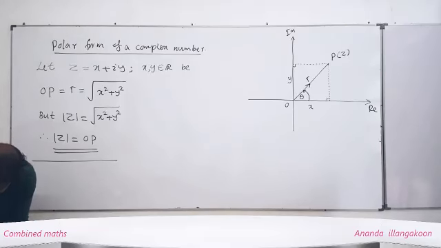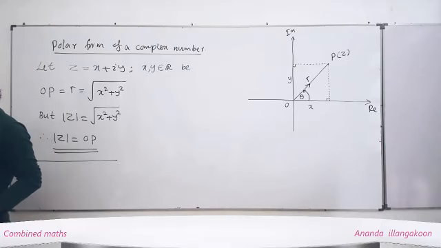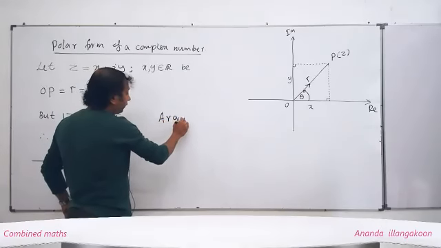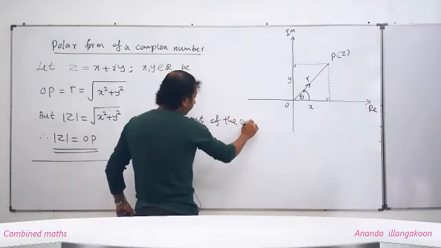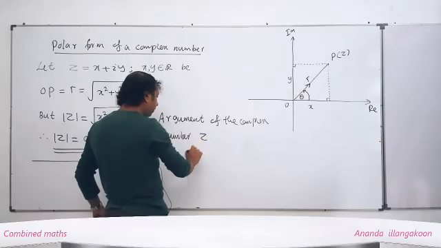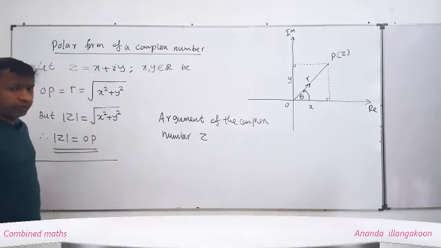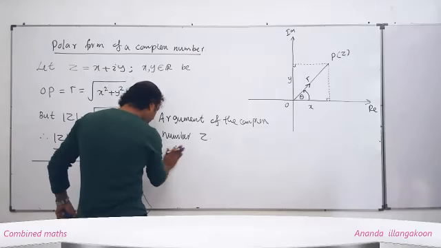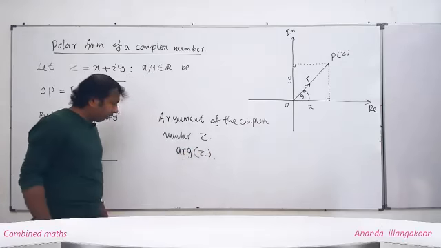This angle is called the argument of the complex number Z, and it is written as arg Z.